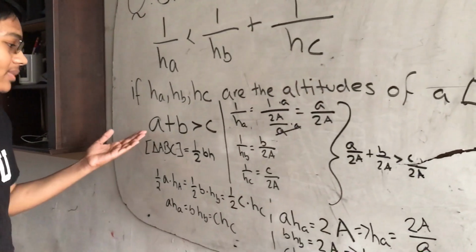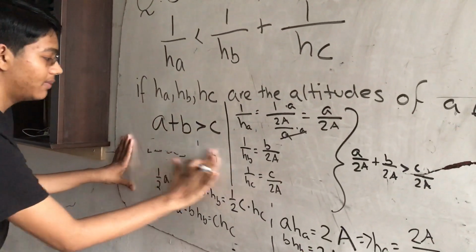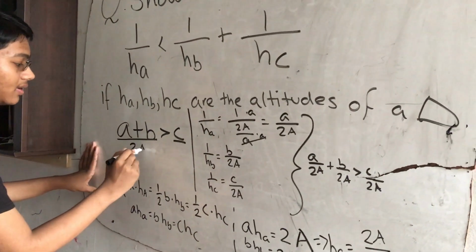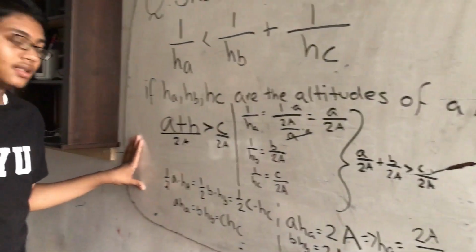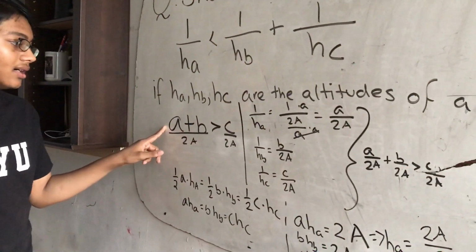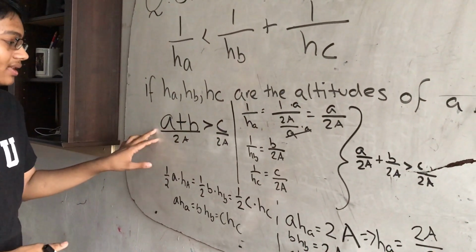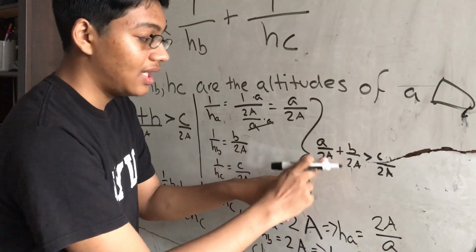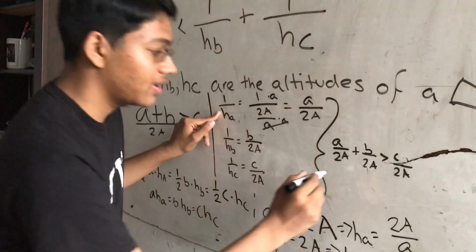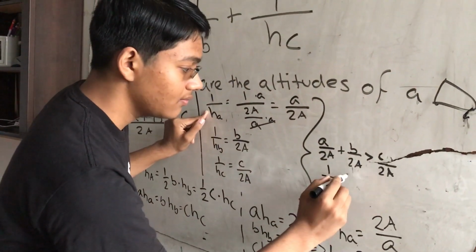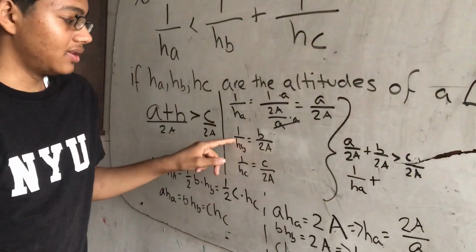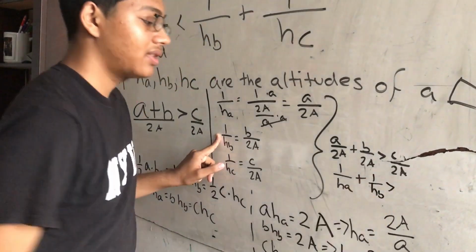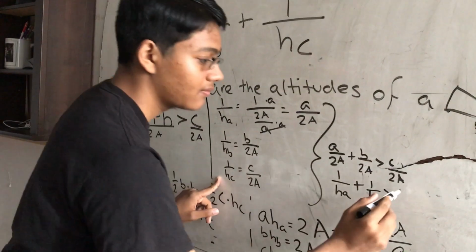Well, if you have a plus b greater than c and I divide both sides by 2A, that doesn't change the inequality. In fact, if I simplify this, a over 2A is just 1 over ha, plus b over 2A is just 1 over hb, and c over 2A is just 1 over hc.